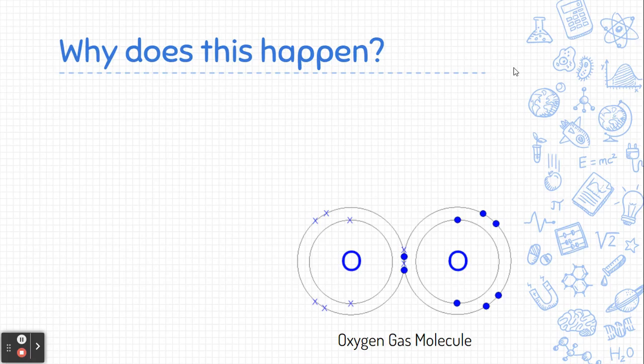I cannot fully gain. He cannot fully gain. I cannot fully lose. He cannot fully lose. So what do we end up doing? Look, this is what happens. He can't take them, and I can't take them. We share. That's exactly how it happens.